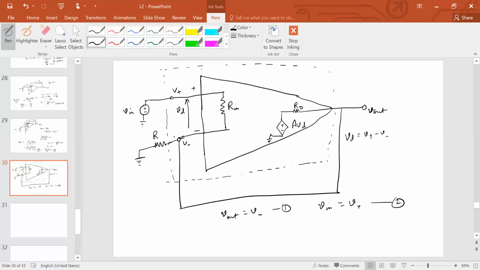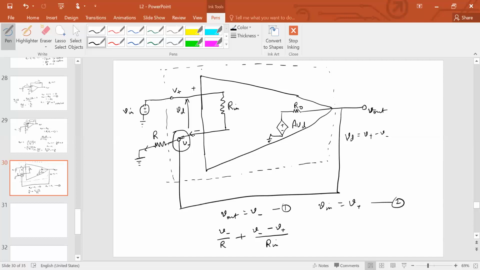Now we are trying to write the KCL in this node, suppose. Let's say the current leaving this node is V minus by R. And the current entering this node is what? Let's see which direction eventually comes out to. So the current entering this node through this direction, let's say, is V minus minus V plus over R in.